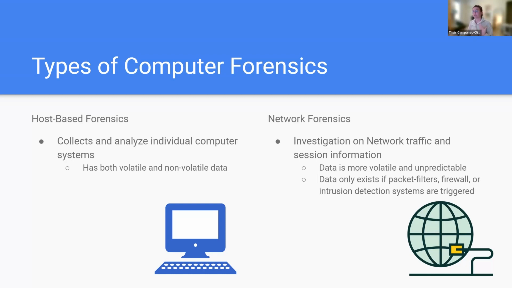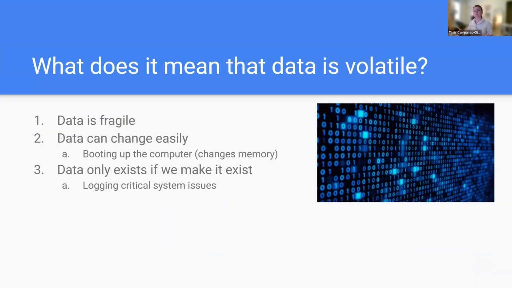So now I'm getting into the idea of volatile and non-volatile data. What does it mean that data is volatile? It means that data is fragile. It can easily change, whether through booting up the computer, or in the sense that we didn't log enough details within our firewalls, because every time you trigger a firewall, that trigger will record your IP address, what you were trying to do, and why it was triggered in the first place.